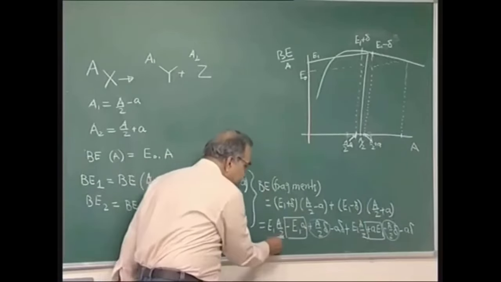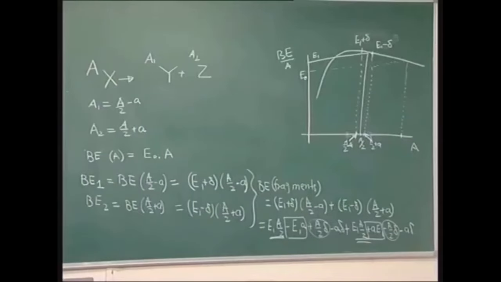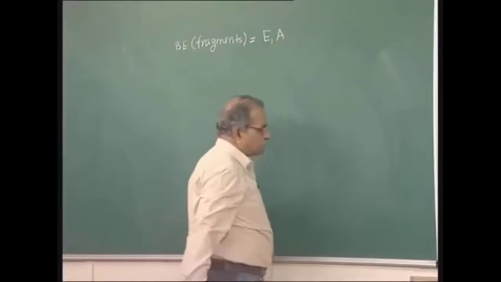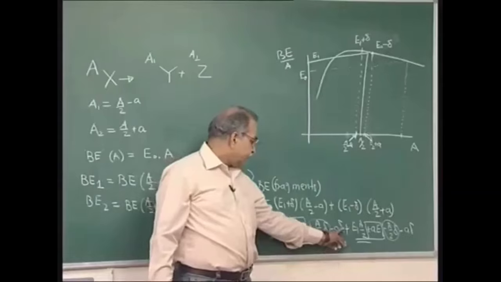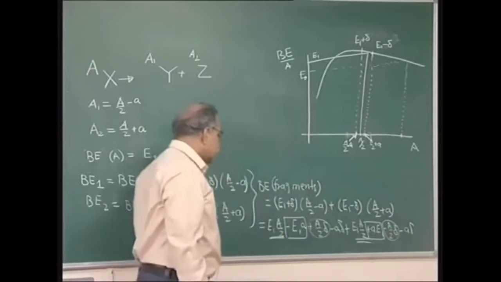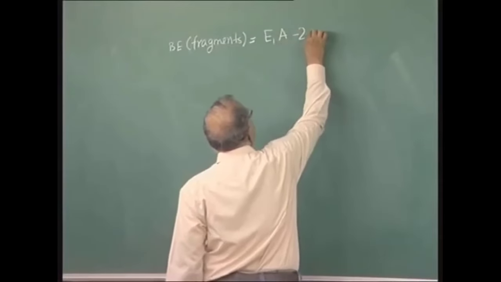So these two terms are just E1 times capital A. And then minus a delta here, and minus a delta here, so minus 2 times a delta.